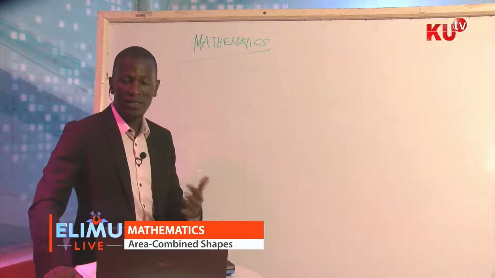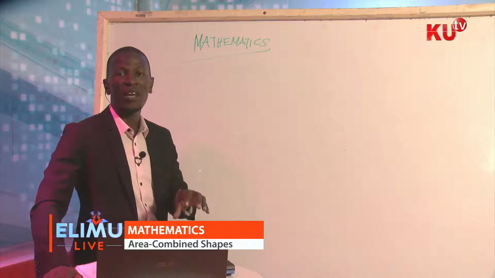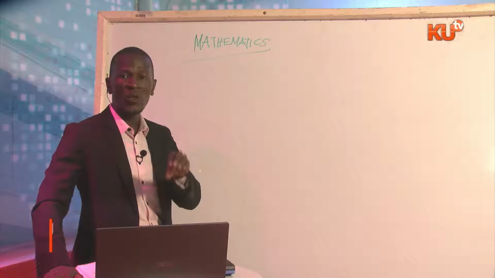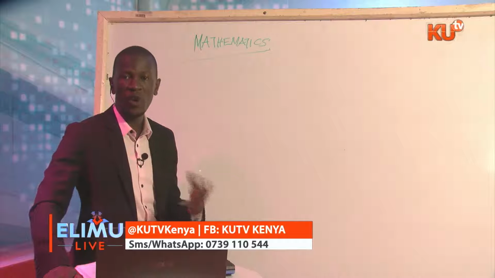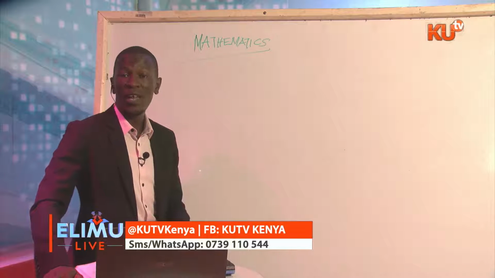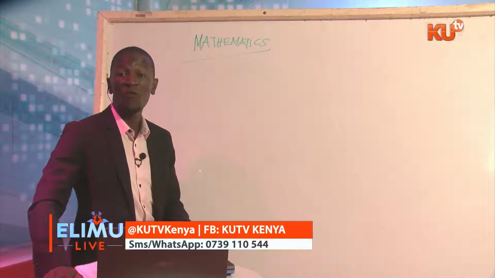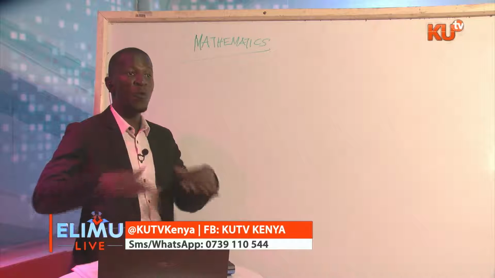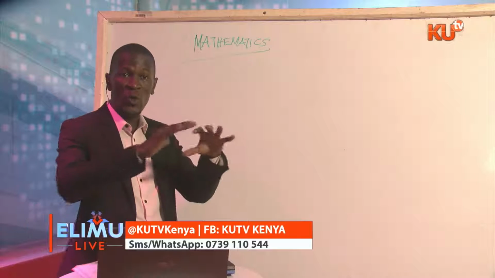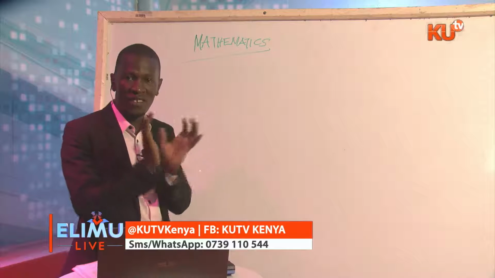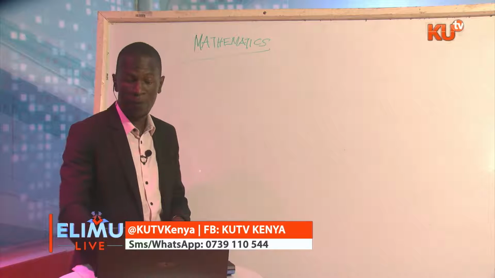Again, they need to know the area of combined shapes in order to know how many tiles will fit the house depending on the shape of the house. As well, you need it to know the amount of paint for a room. If you want to paint your room, depending on the shape of the room, you need to know the area of that surface in order to know the amount of paint which you'll require.